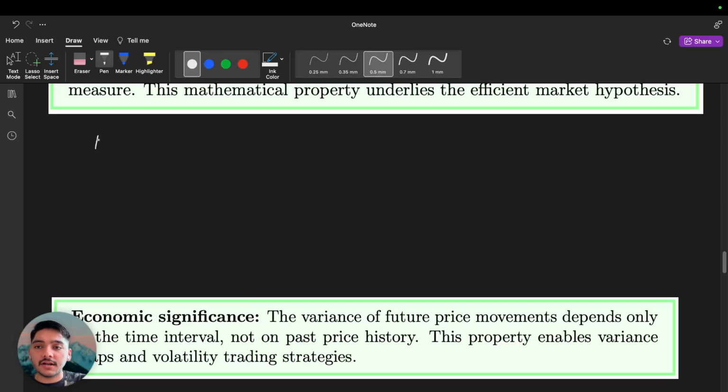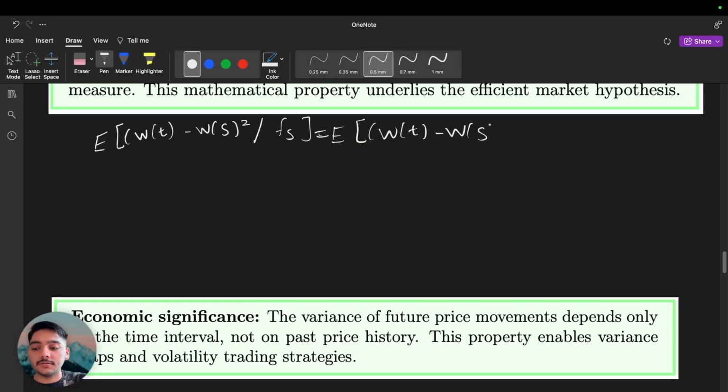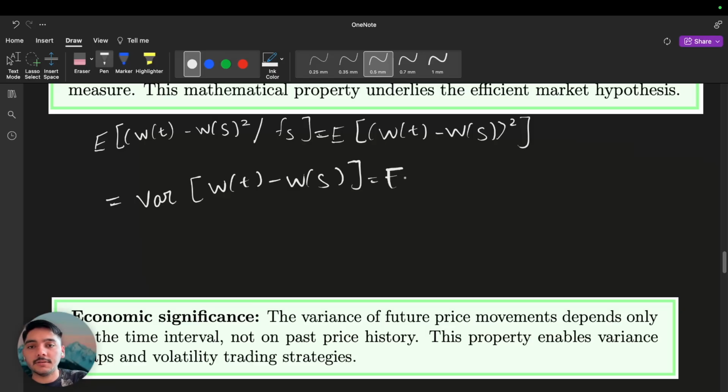We can write the expectation of (Wt − Ws)² given Fs is equal to the expectation of (Wt − Ws)². Further, this is the variance of Wt − Ws, which is equal to t − s.